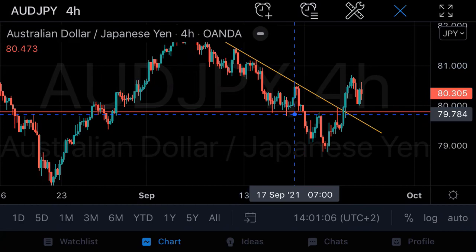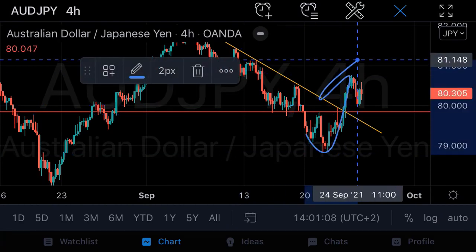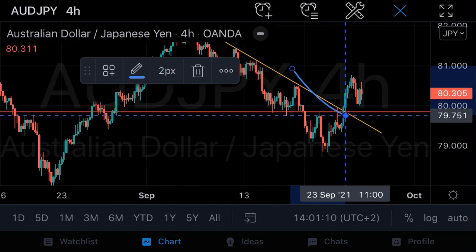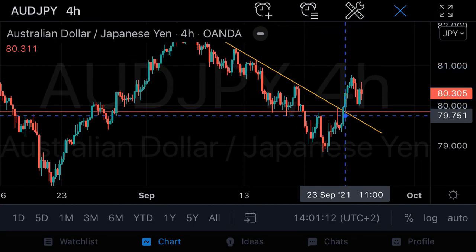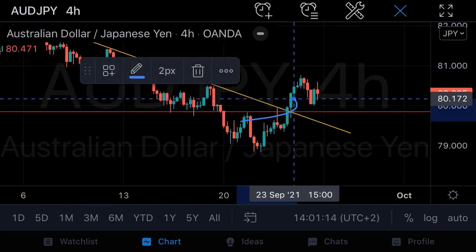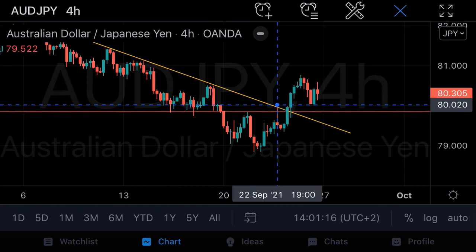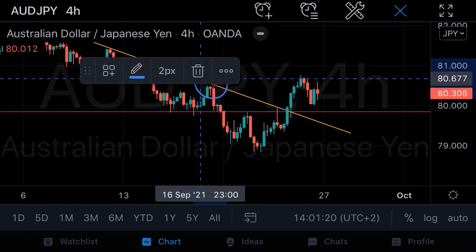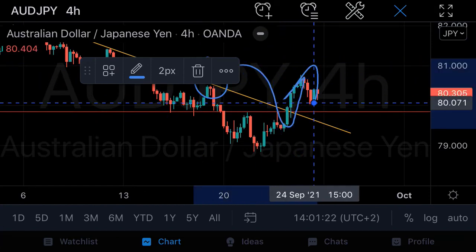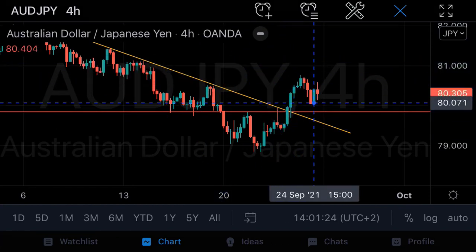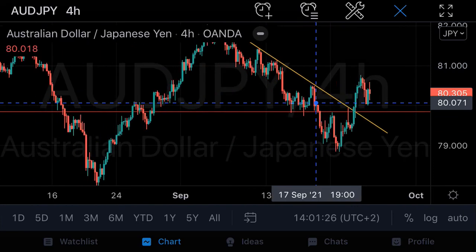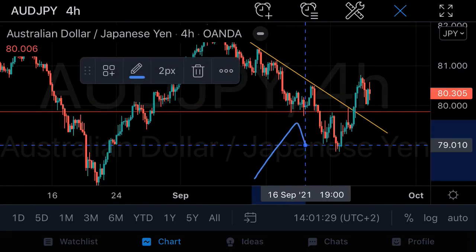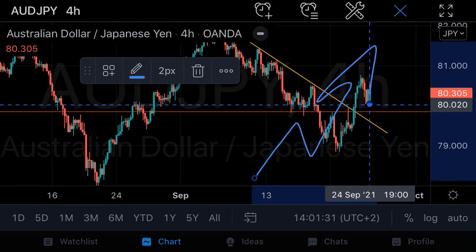What we then see is a nice push to the upside, violating this resistance trend line, giving us that beautiful sign of strength as well by breaking above these equal highs over here, and this resistance area that was our final touch of our trend line before we actually saw this break of the trend line. So we have some nice bullish momentum here on AUDJPY. We're seeing price beginning to trend in the direction where we are looking to take this trade.